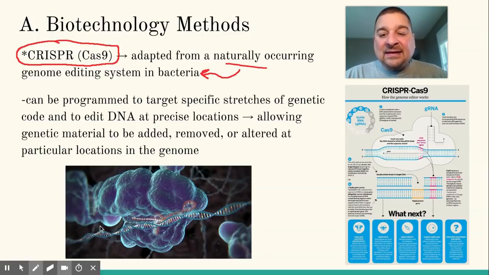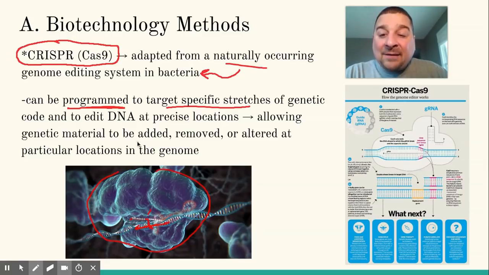Well, we've taken these little enzymes and we've reprogrammed them to target specific stretches of DNA. So if we sequence the gene and we know what it is, we've taken this enzyme, and there's an animation of it down here. It will find that stretch on the DNA and go in there and make a cut.